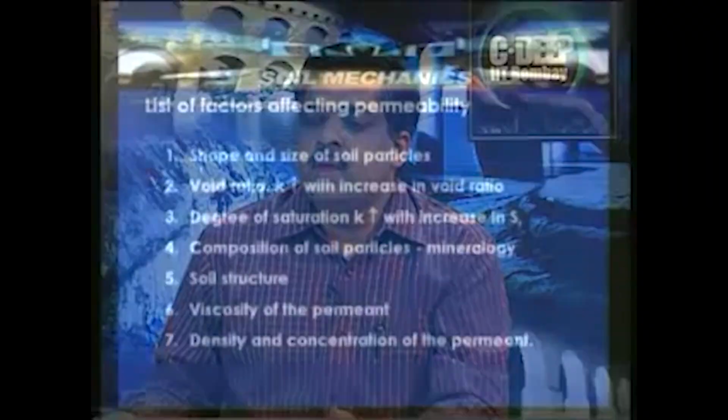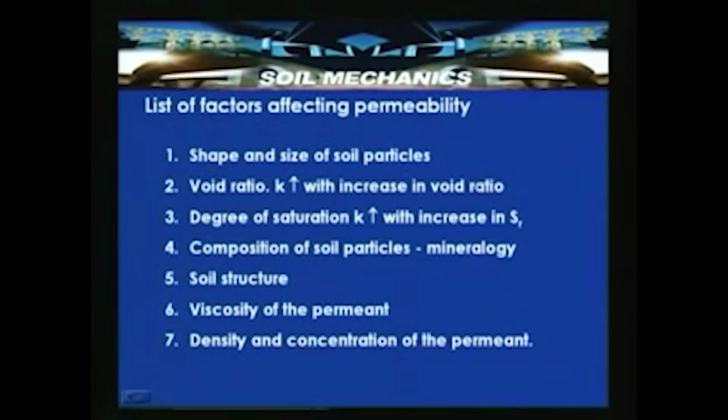So, if you recall the list of the factors affecting permeability, we have listed around 7 factors. They can be recollected. We said that shape and size of soil particles is an influencing factor, and void ratio, and K increases with increase in void ratio. Degree of saturation, that also we said, K increases with an increase in the degree of saturation.